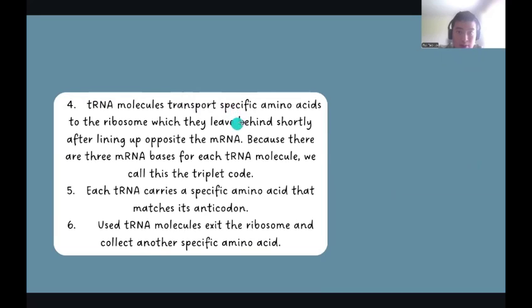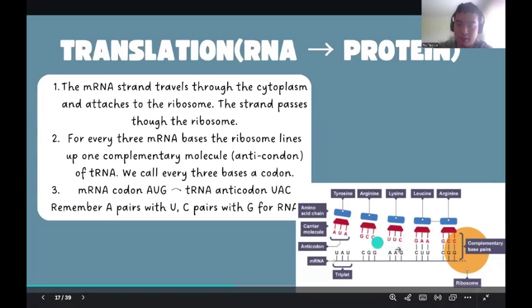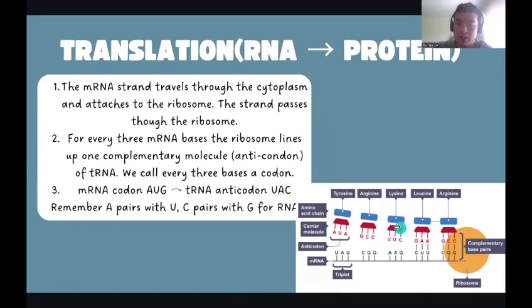tRNA molecules transport specific amino acids to the ribosome, which they leave behind shortly after lining up opposite the mRNA. Because there are three mRNA bases for each tRNA molecule, you see, three mRNA bases to one tRNA molecule, one amino acid.